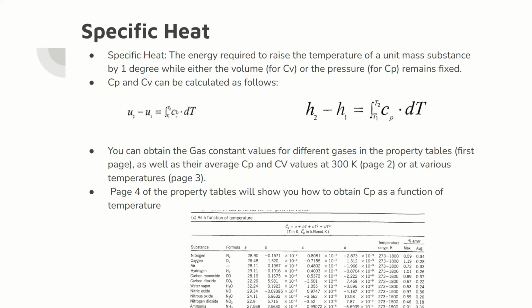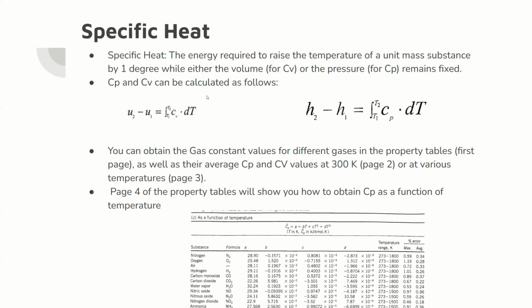Since CV usually is given to you as a constant, you can put CV on the other side of the integral. If it's not, then you're going to have to use that equation that we saw in the property tables, as shown right here. And that's for the change in specific internal energy, you use CV integrated over the change of temperature, or specific enthalpy will be equal to, this time, CP integrated over the change in temperature.